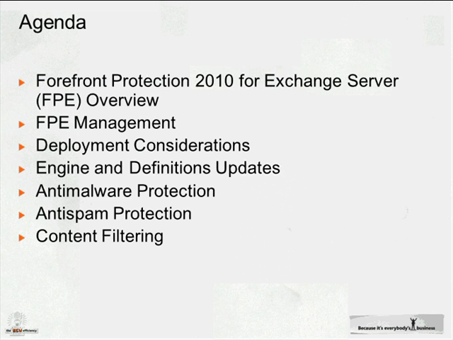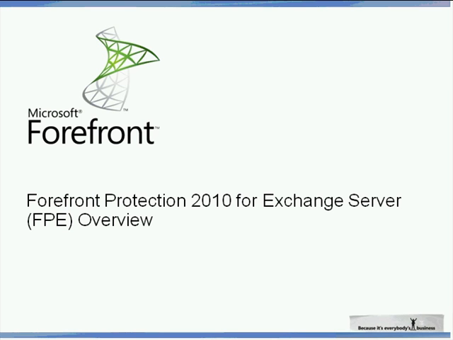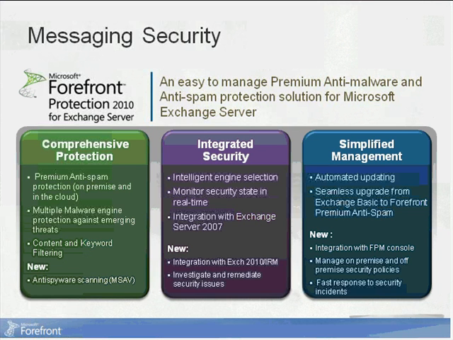So getting started with the first thing on the agenda, that is the Forefront Protection 2010 for Exchange Server overview. Let's see what we have on our slides to cover for that. So what is Forefront Protection for Exchange Server? Forefront Protection is an easy to manage premium anti-malware and anti-spam protection solution for Microsoft Exchange Server that is built on three pillars.